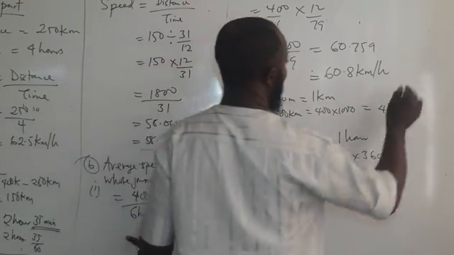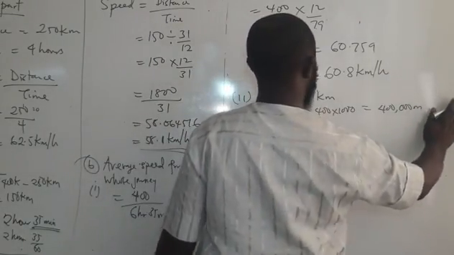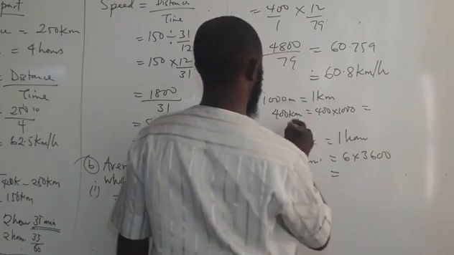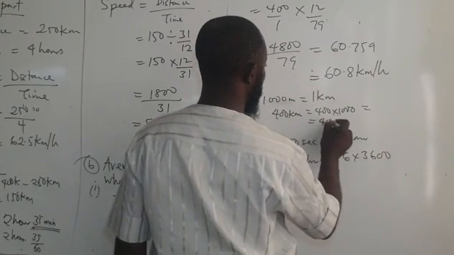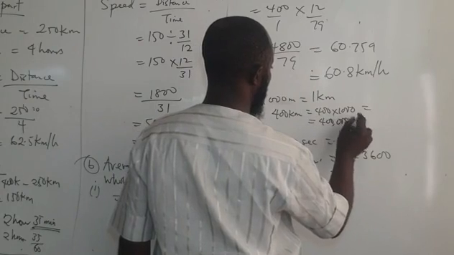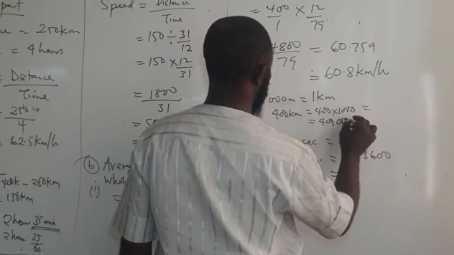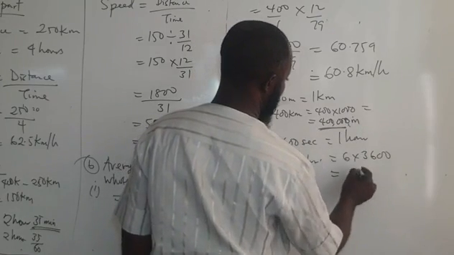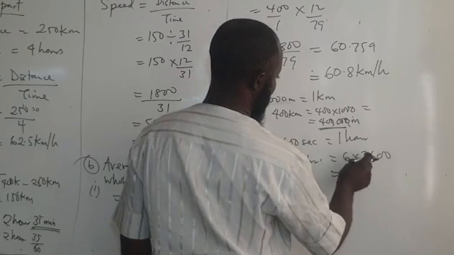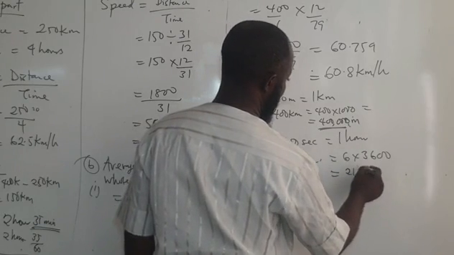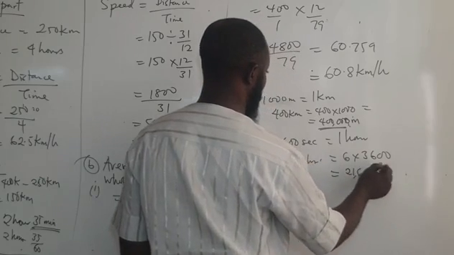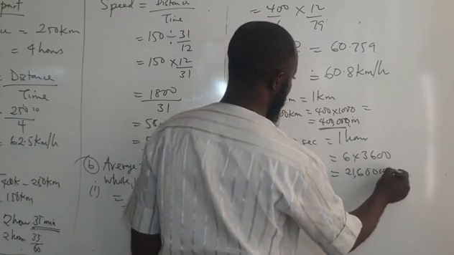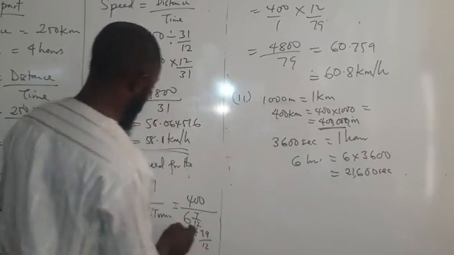So this will be 6 times 6, 36. 6 times 0, 0, 0. That's 21,600 seconds.